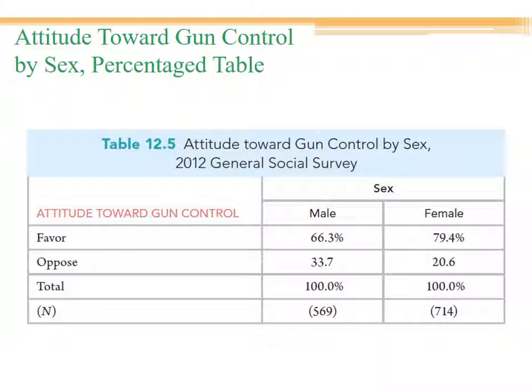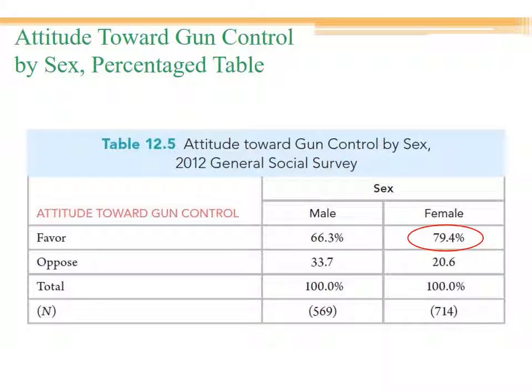In a cross-tabulation table, each cell reveals a bivariate distribution for each variable response. So for example, this cell tells us that 79% of women favor gun control. So this is telling us the distribution of a variable response in two variables. First, all of the females within the variable of sex who responded in favor of the variable attitude toward gun control.